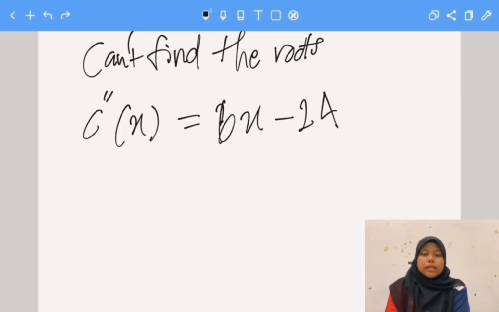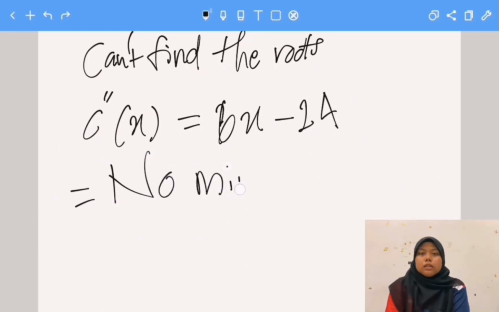Here is the second derivative equation that can be used to find the minimum point. Since the value of the roots cannot be found, therefore this equation doesn't have a minimum cost. That's all. Thank you.